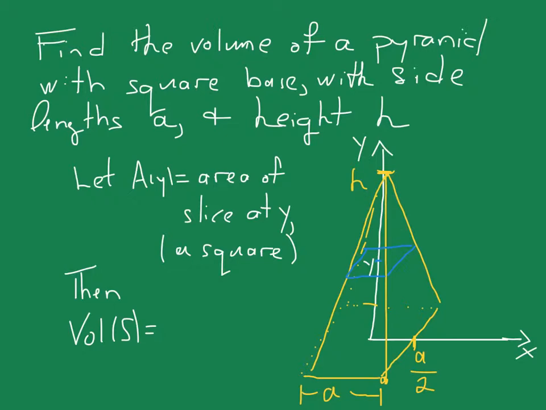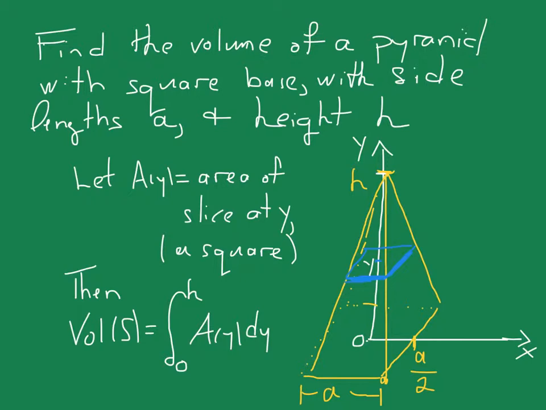Well, we will sort of thicken our slice up a bit by width dy, and the volume of our slice at y is going to be A(y) dy, and we'll add these up, and we'll have one slice for each value of y between 0 and h up here, so we'll integrate from 0 to h of A(y) dy. Okay, well, now what?